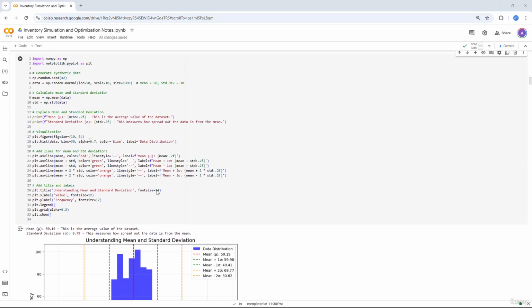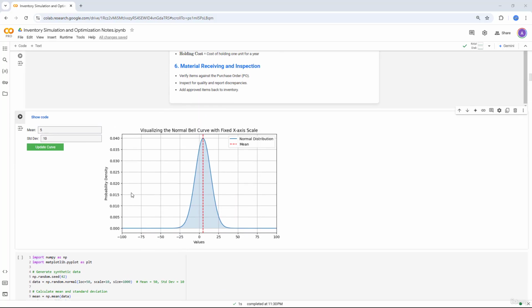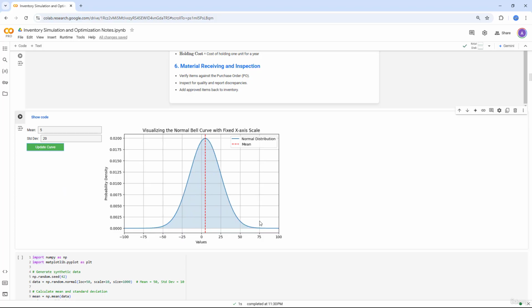So let's investigate that. So this is a widget which I created for visualizing the distribution for this purpose, and you can see now that as an example, we have a mean of 5 and a standard deviation of 10. And if I increase the standard deviation to 20, it would spread out more across the x-axis.